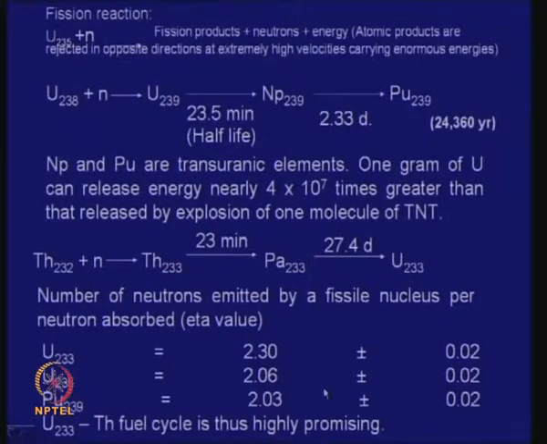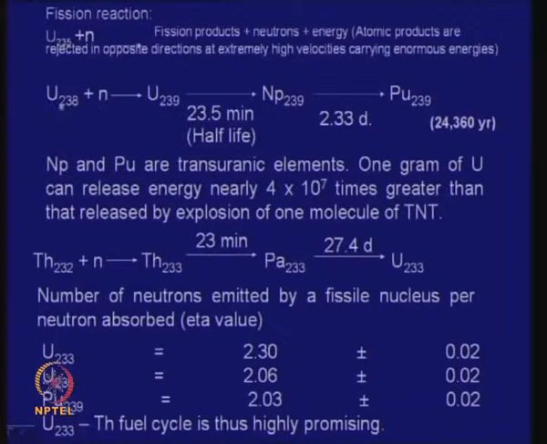These are the fission reactions. Uranium-235 bombarded with neutron produces fission products, more neutrons and energy. Atomic products are rejected in opposite directions at extremely high velocities, carrying enormous energies. We have to find a way of extracting those energies.